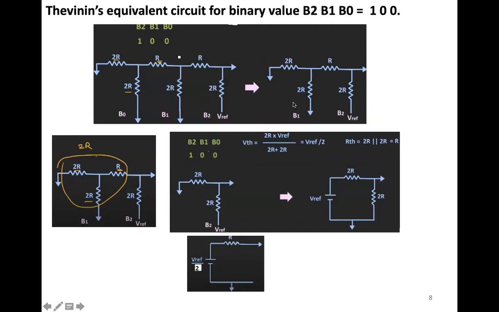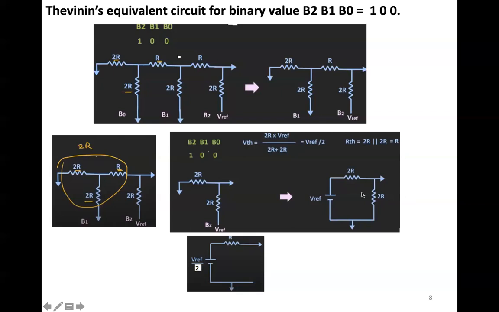Now after this, we will see how this comes. So 2R is here, 2R and R. This whole thing here again becomes 2R. So 2R and 2R. Once you get the equivalent, that's when you start actually dividing. So 2R and 2R, 2R voltage reference, and then ground.